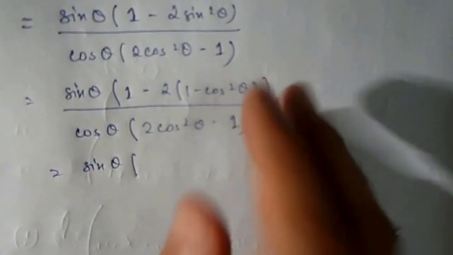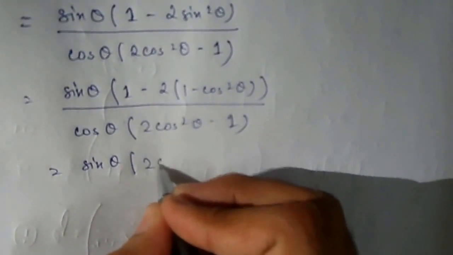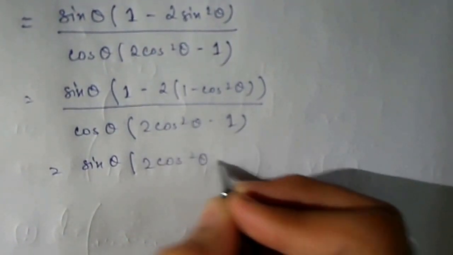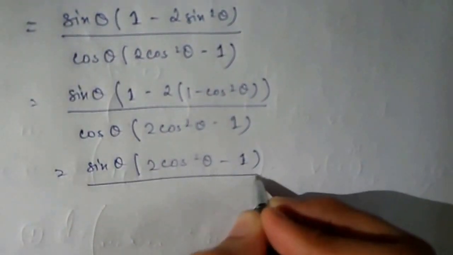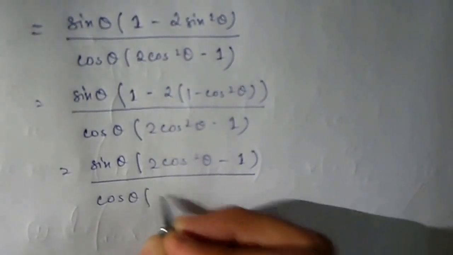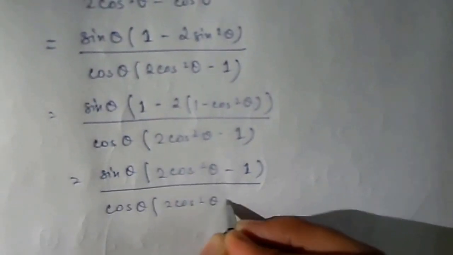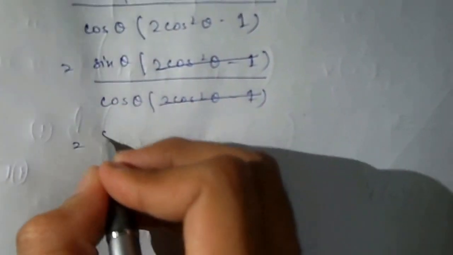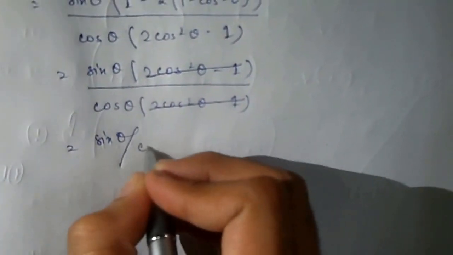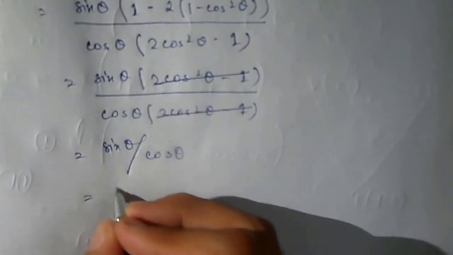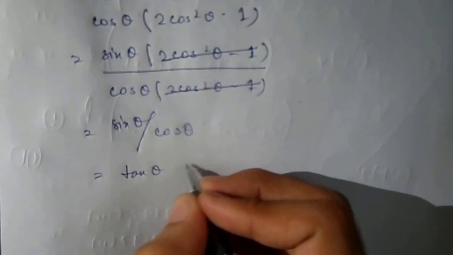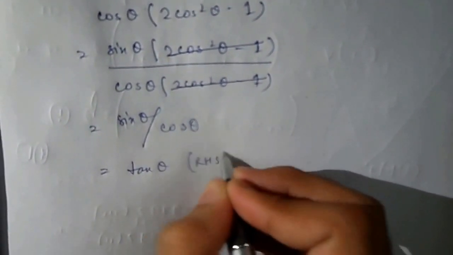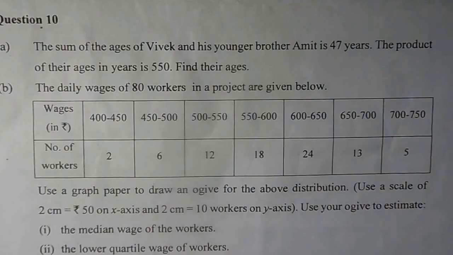This will equal sin theta times (2 cos square theta - 1) divided by cos theta times (2 cos square theta - 1). Now this will cancel out, which will equal sin theta over cos theta, that will equal tan theta, which equals the RHS, and it is hence proved.